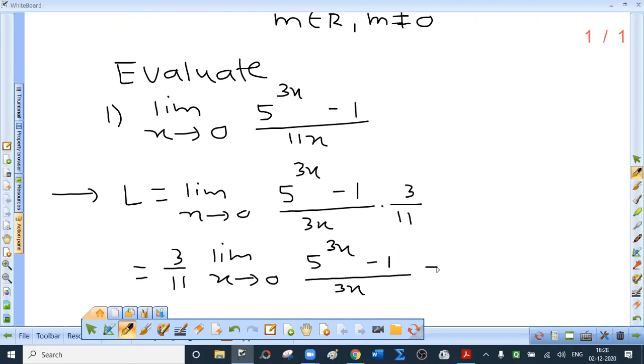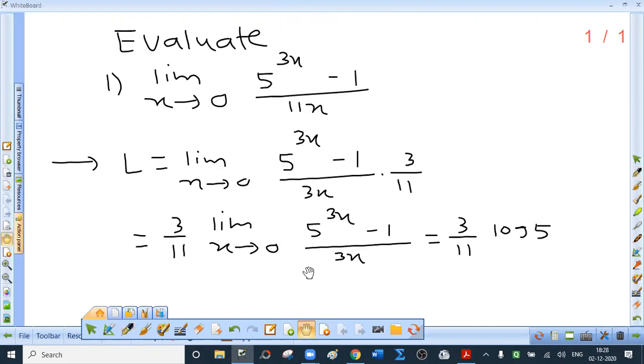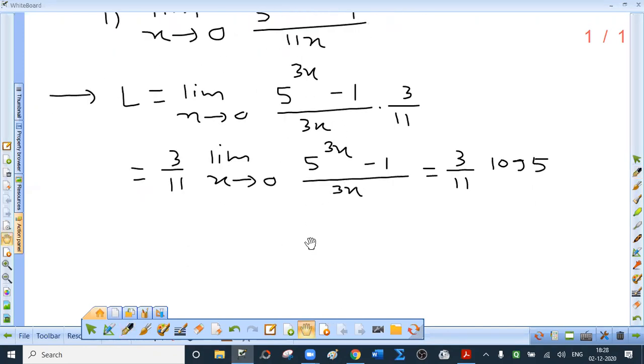Now can I say the value of this limit is log 5? Yes, I can, because all the conditions are satisfied: the index tends to 0 and is fully repeated in the denominator, provided you mention the reason. So first I will say that the final answer is L equal to 3 upon 11 log 5.